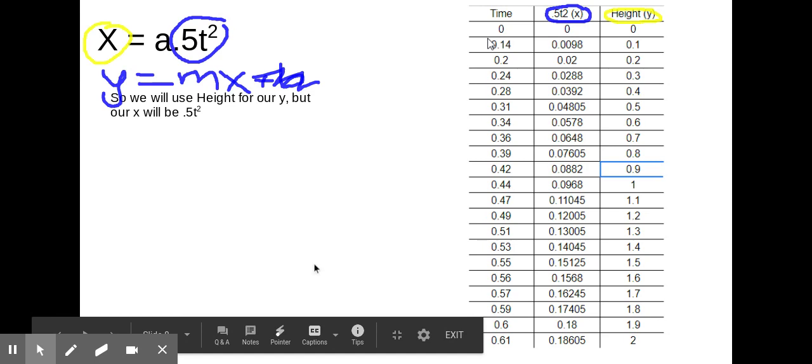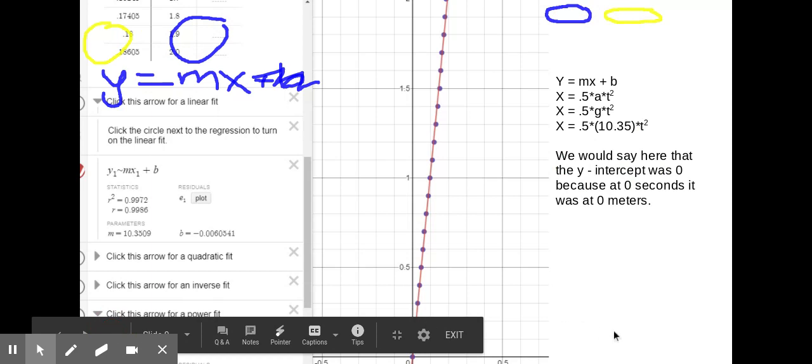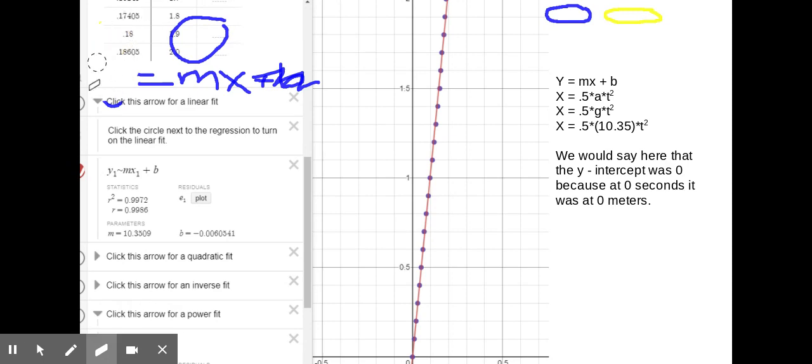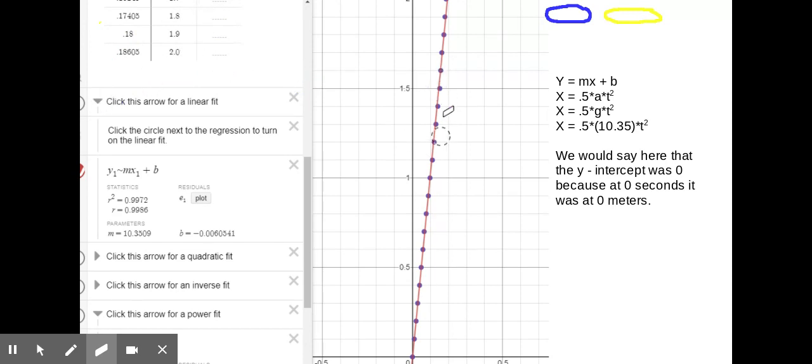And so now if I flip over in the slide, if you look at this, I went into Desmos and I plugged in my height for my y, and I put the 1/2 time squared in for x. And I got this set of data. Okay, all these little purple points right over here.